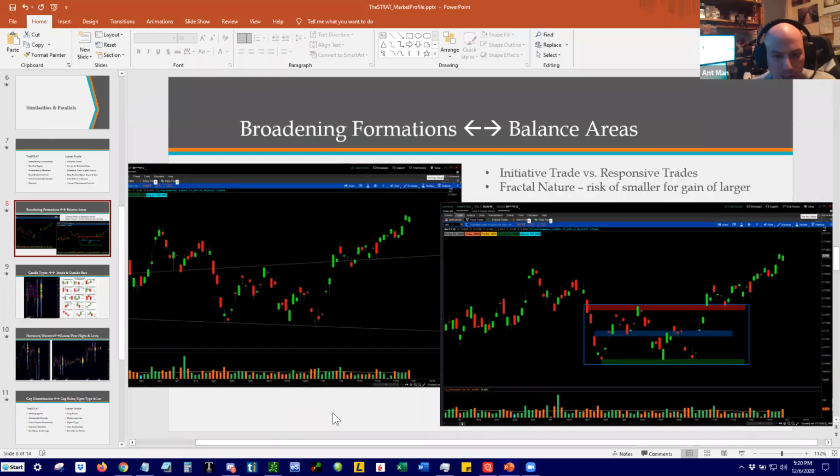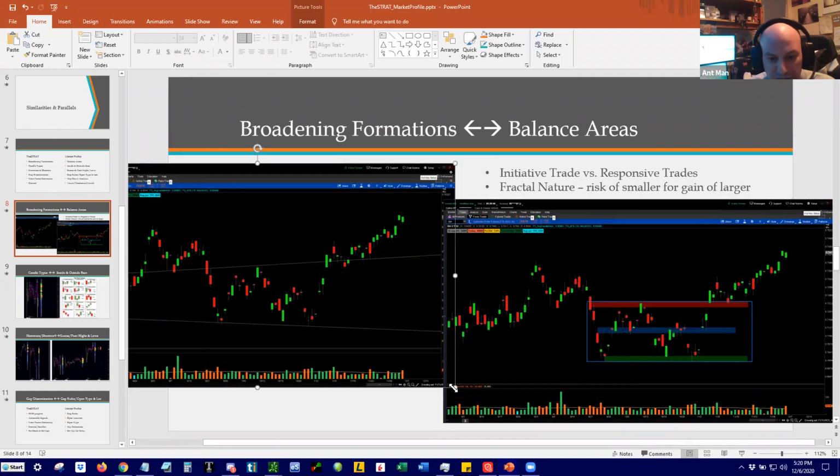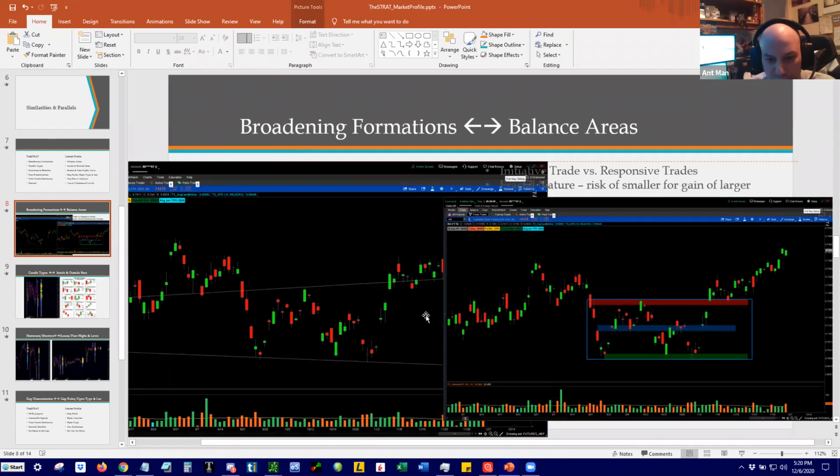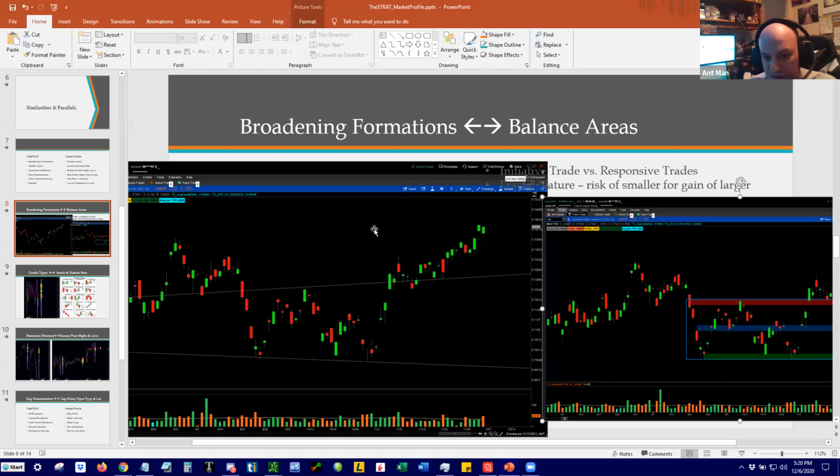Okay. So here we have, if I can make it a little bigger, that way you can see it. Here we have the 6A, which is the Aussie dollar futures, and I have a broadening formation drawn on it.